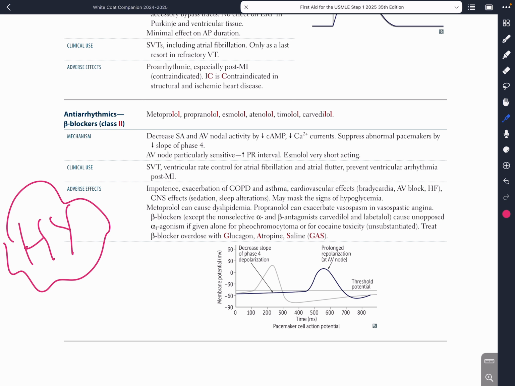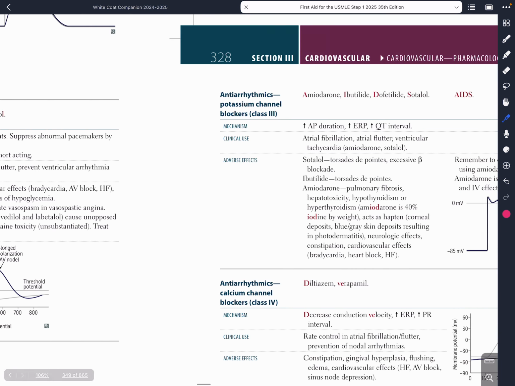Never give beta blocker to a patient with pheochromocytoma. Okay, we covered all three. So COPD, elderly bradycardia, and pheochromocytoma. These are the three people you need to be very careful of giving beta blockers.